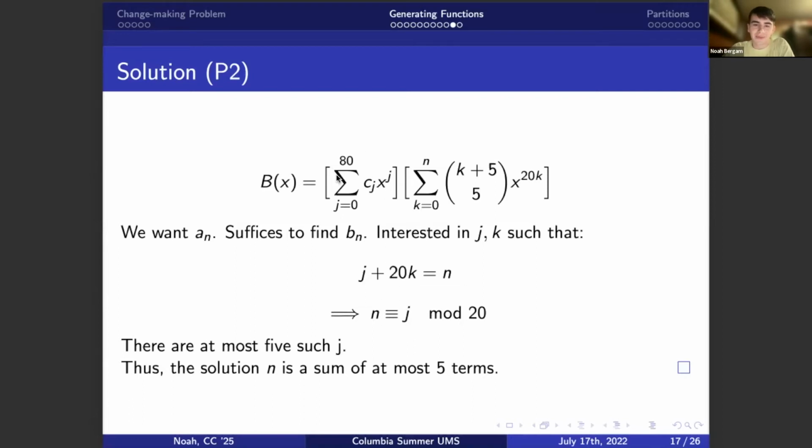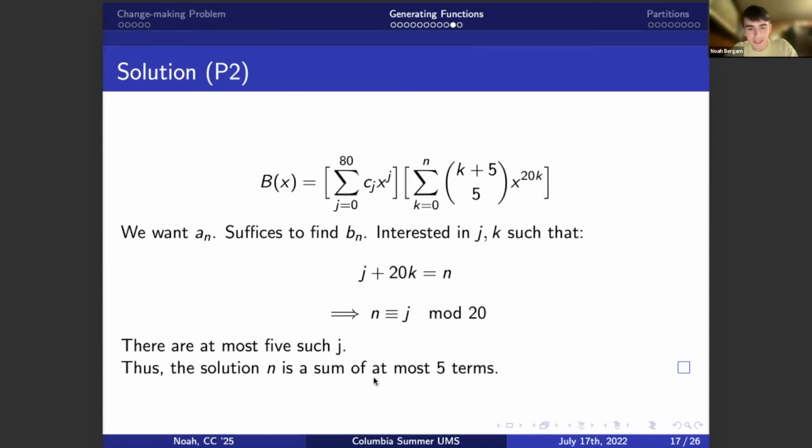Okay, since j only ranges in this way, there's only finitely many j we can choose from, and then finitely many k, and that means that we can find b_n in a finite amount of operations, essentially.